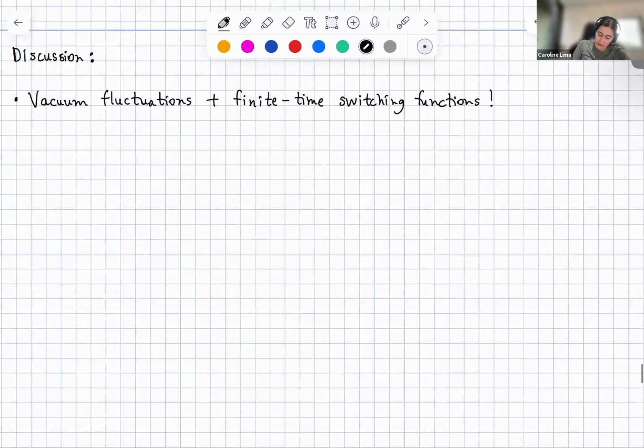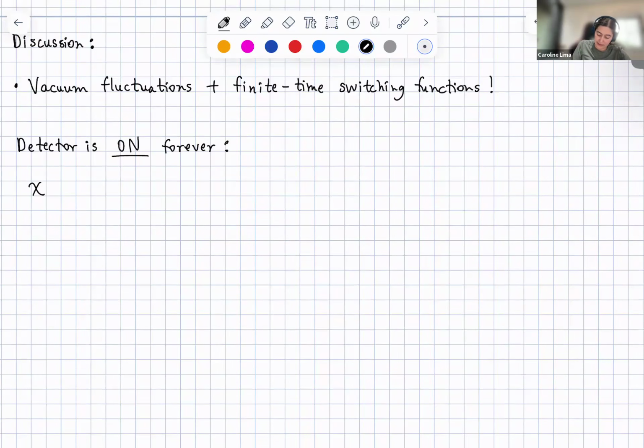Let's try to see what happens if a detector is on forever. If it is on forever, what it means is that the switching function is going to give you one. It's always on, right? And if you compute the Fourier transform of that, this is going to give you something proportional to a delta function of omega plus omega k.